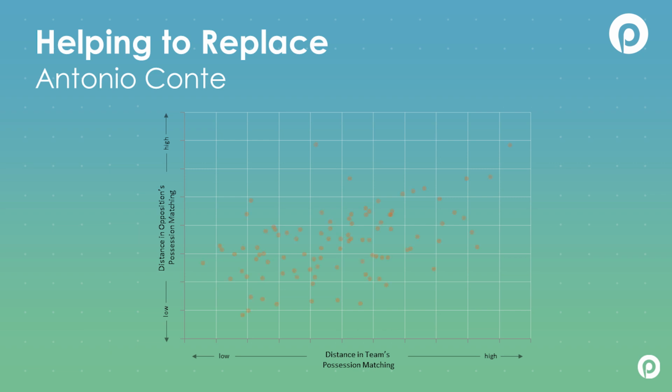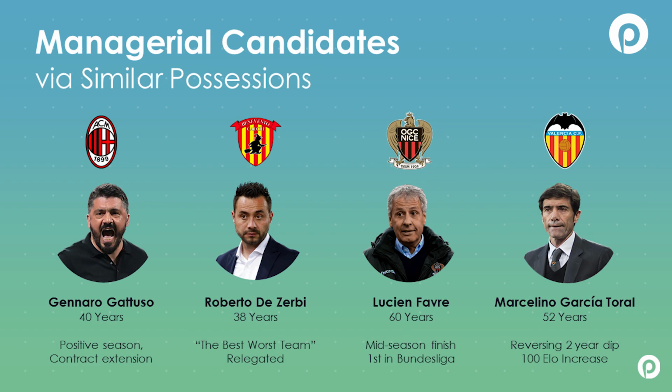On the x-axis is Chelsea's possessions, and on the y is the opposition. So the ideal point is down here because they'll be closely matched to Chelsea. We have our 98 teams, and then we have 5 teams that are close down in this example. So who are they?